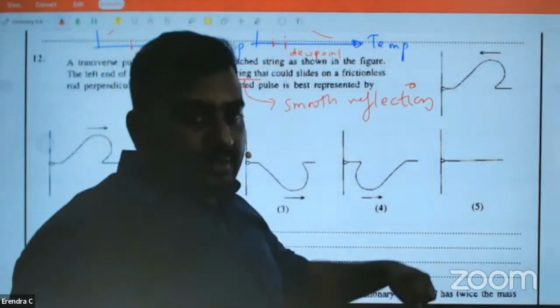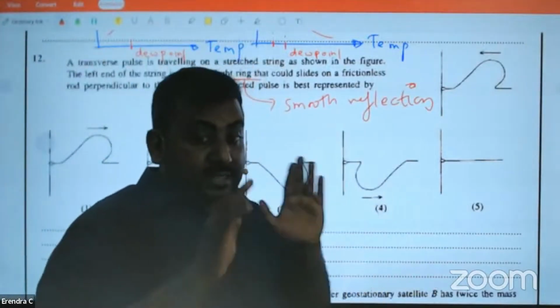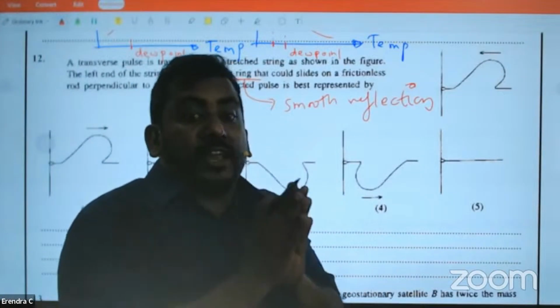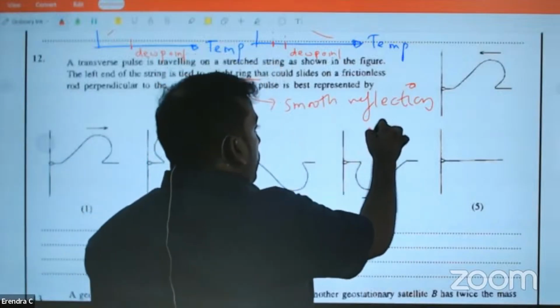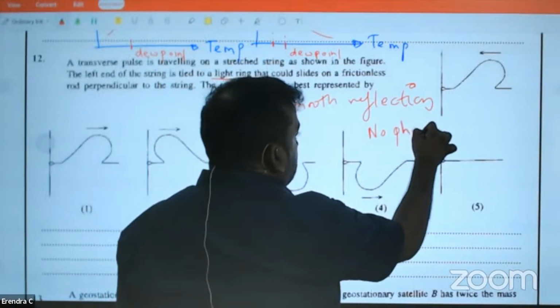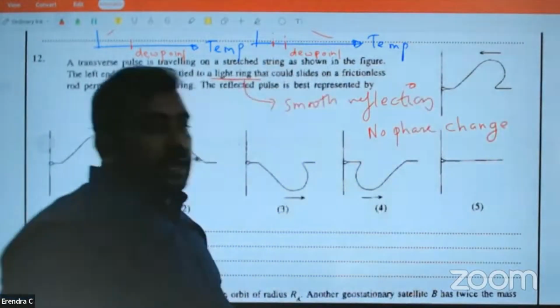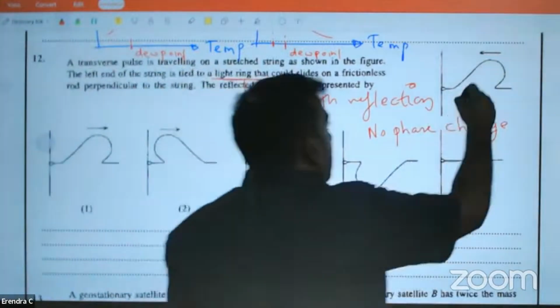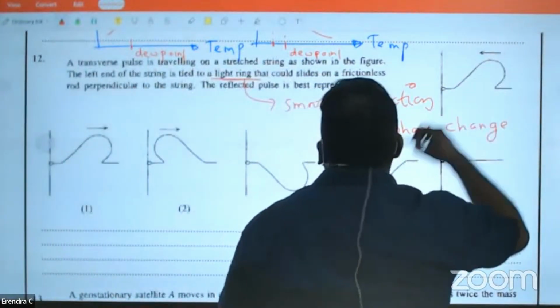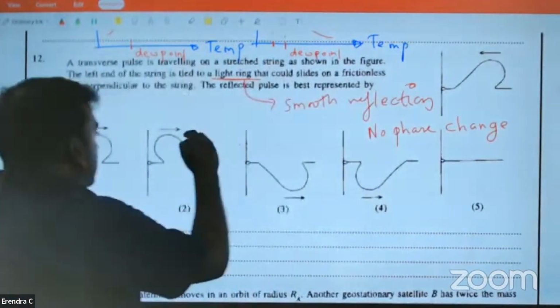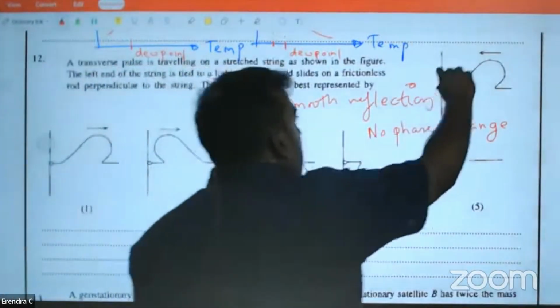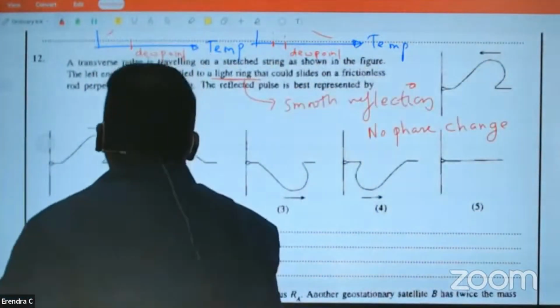Smooth reflection means number one, no phase change. You must have learnt this in your theory. No phase change means whatever comes first will go out first, at the same time. Whatever comes second will go out second.